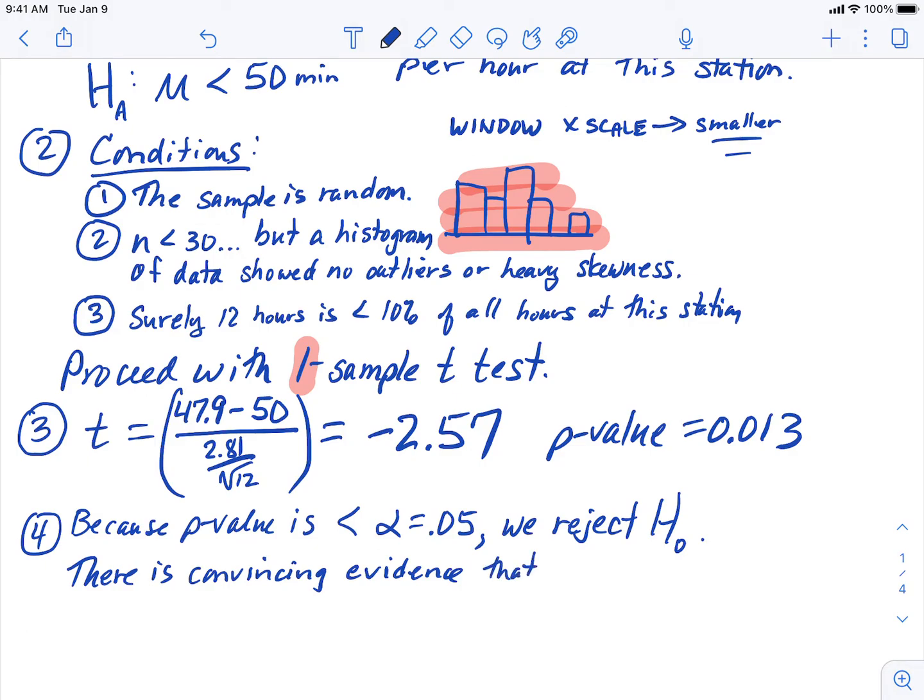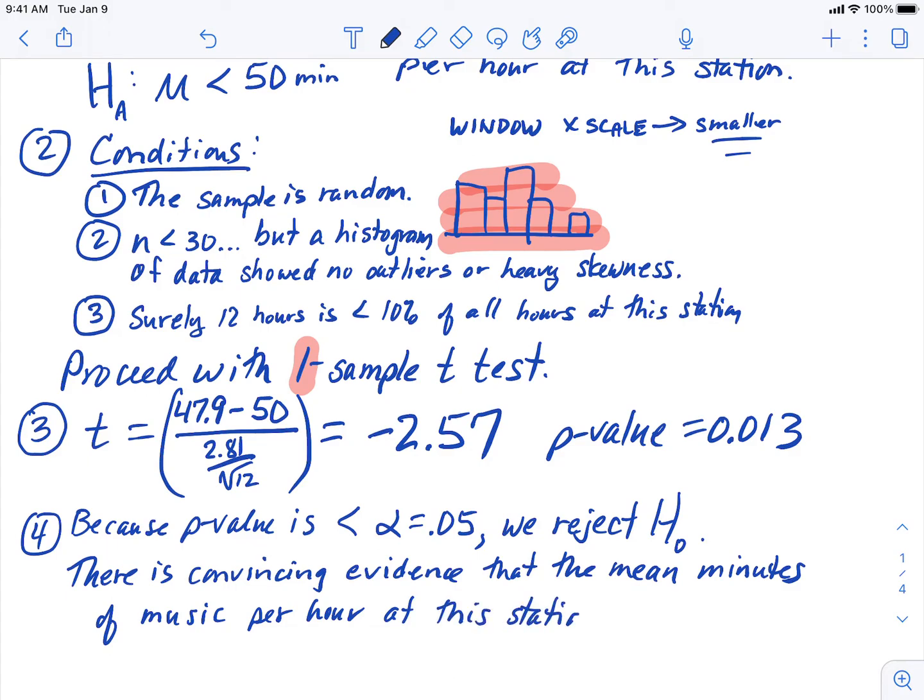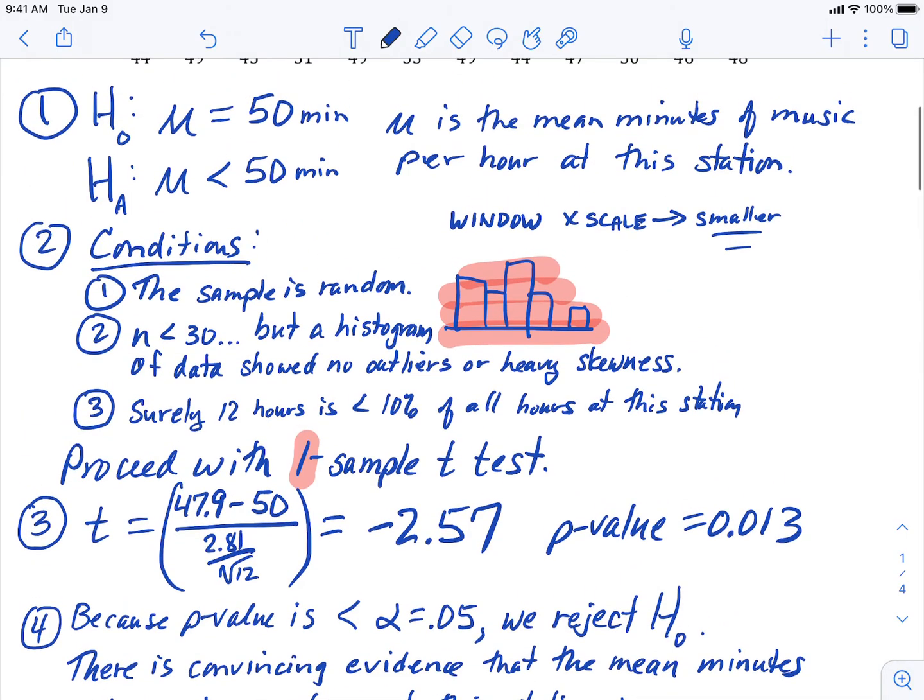that the mean, here's where you just kind of copy and paste some of the stem, the mean minutes of music per hour at the station is, now remember, we rejected the null hypothesis.